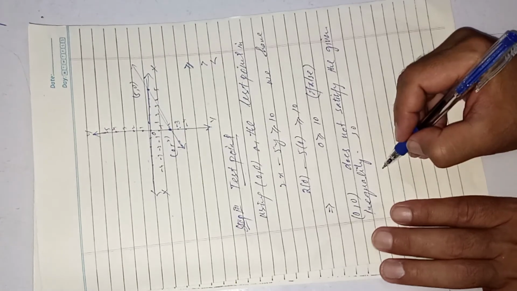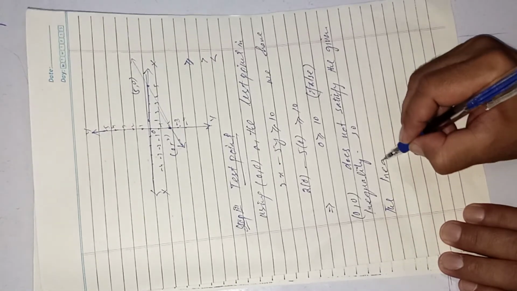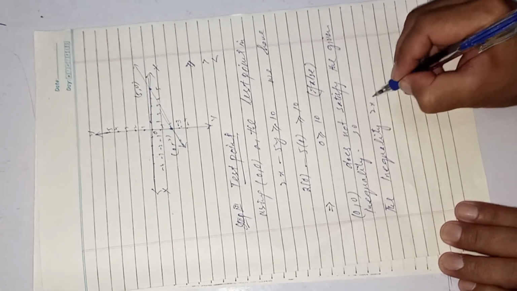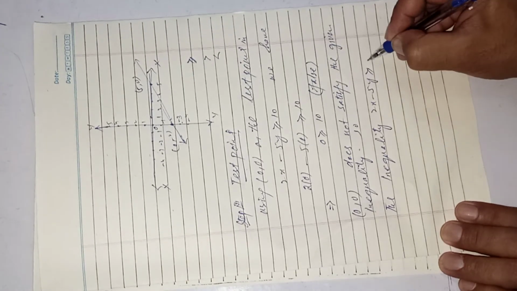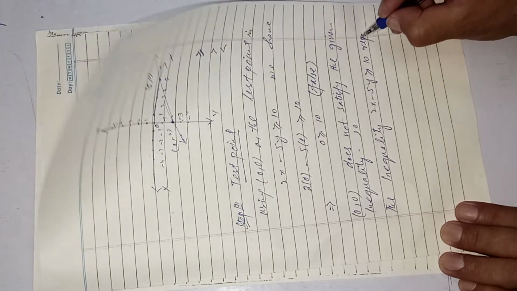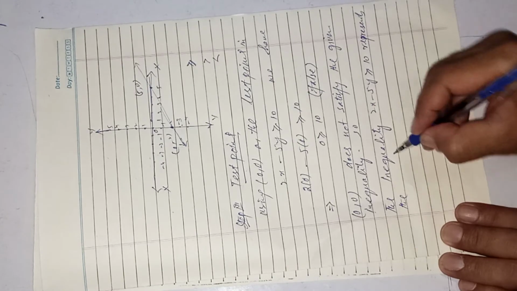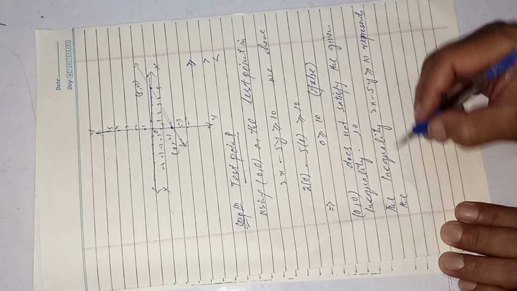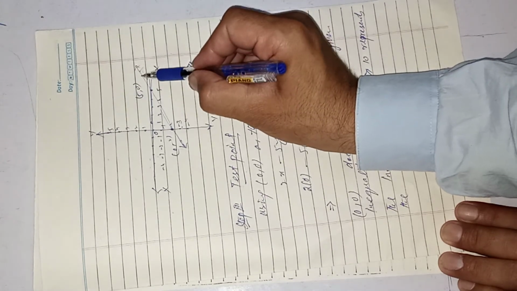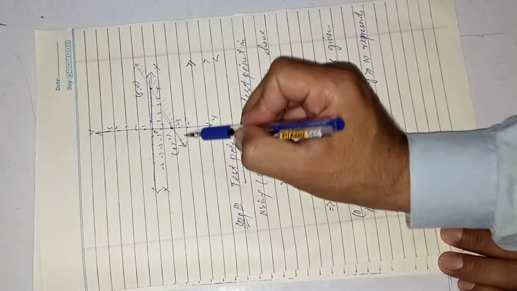So the inequality 2x minus 5y greater than or equal to 10 represents a half plane not containing the origin.